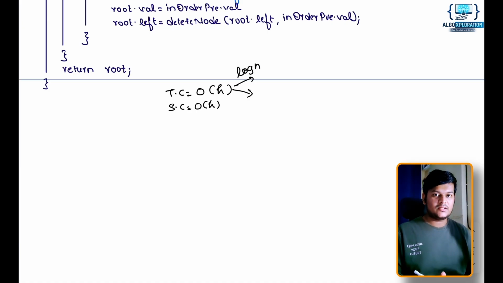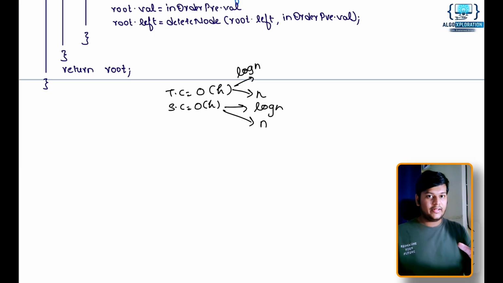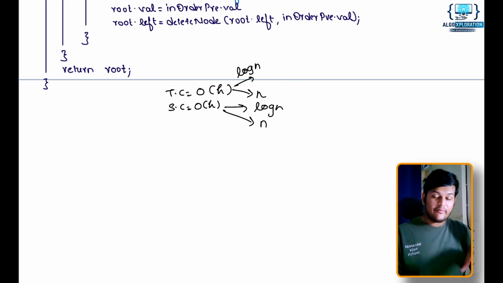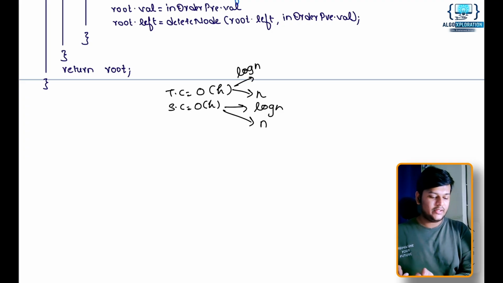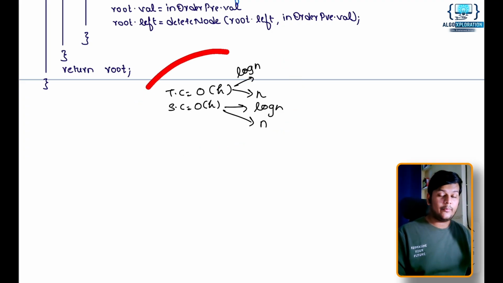If it is not balanced, if it is a skew tree, then it will be n. I have already covered this thing, so you can watch my previous lecture. Over there I have explained why it is log n or n. So I will not go into depth. I don't want to make the video very lengthy, so you can take a look at the previous lecture if you don't know what I'm talking about.